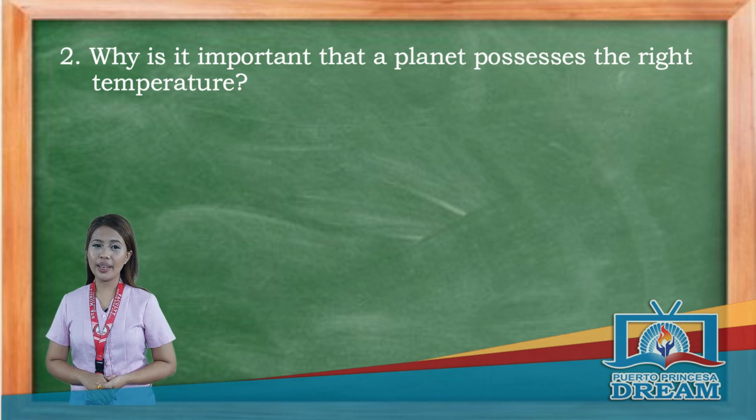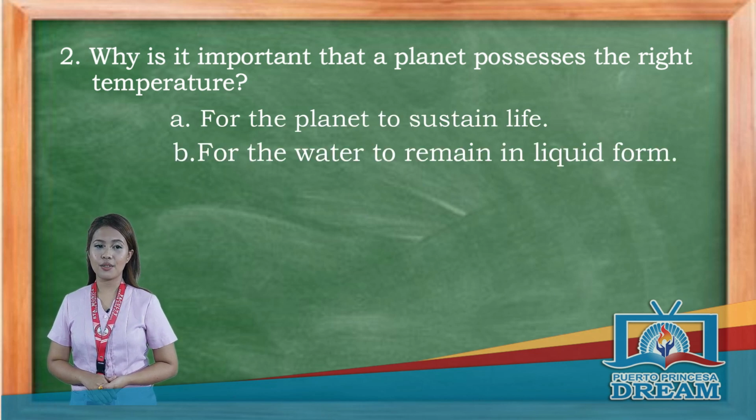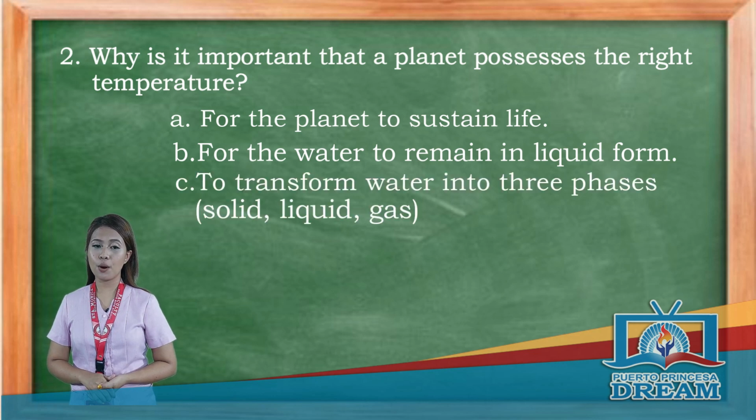Number 2. Why is it important that a planet possesses the right temperature? A. For the planet to sustain life. B. For the water to remain in liquid form. C. To transform water into 3 phases: solid, liquid, and gas.